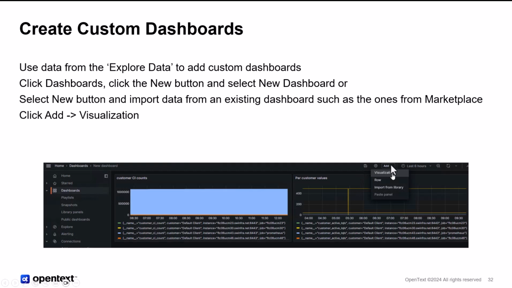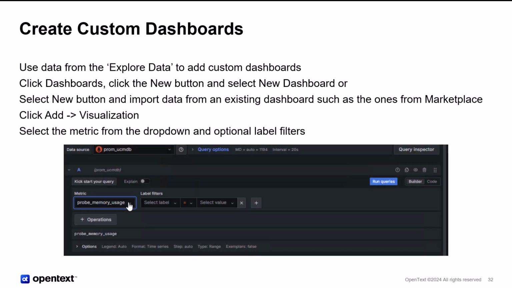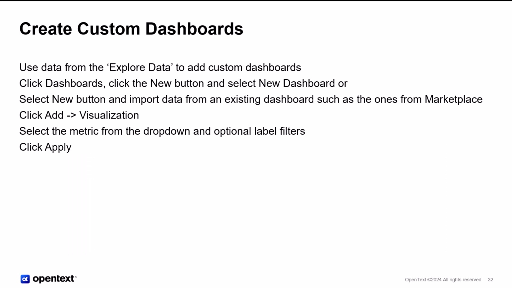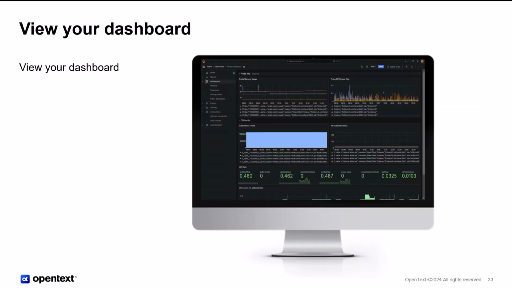That would be at the top, Add Visualization. And once you add the visualization, you can select some metric with optional label filters, and then click Apply. Once you have your widgets in place, then you can view your dashboard.